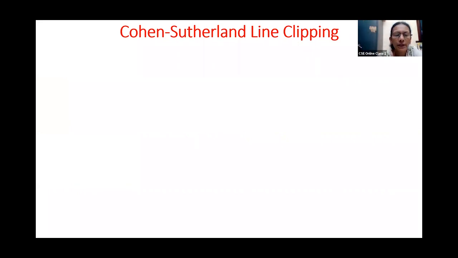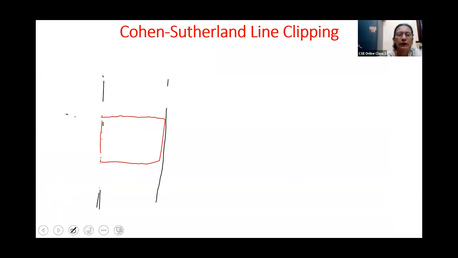What the Cohen-Sutherland algorithm does is, this is our clipping window. We divide the entire space into 9 different regions by extending the boundaries. Now it gives an outcode or region code to each of these 9 regions.